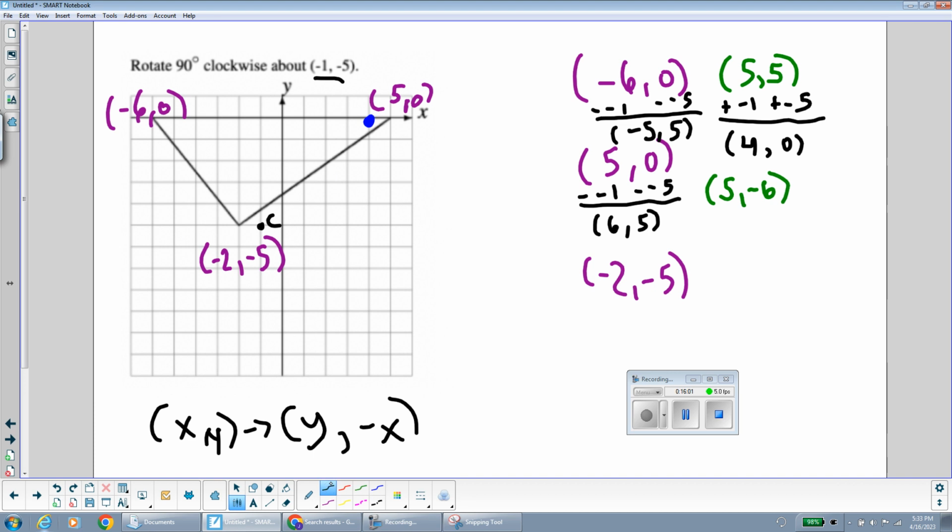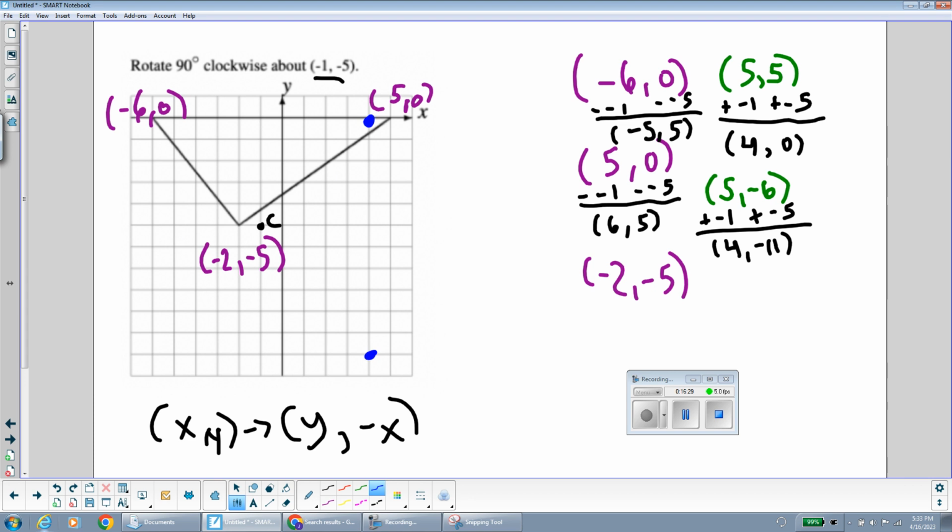And then after that, I'm just going to add back the center of rotation because it wasn't really centered at the origin. So 5 plus -1, that is 4. -6 plus -5, that is -11. So that's, let me use blue for this. 1, 2, 3, 4. 1, 2, 3, 4, 5, 6, 7, 8, 9, 10, 11.